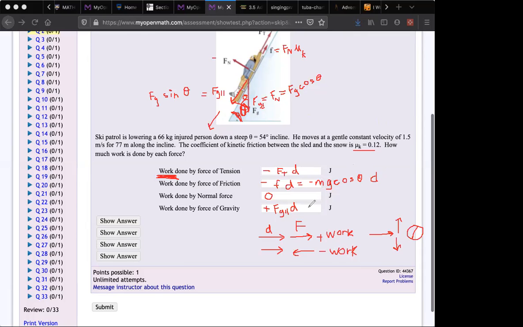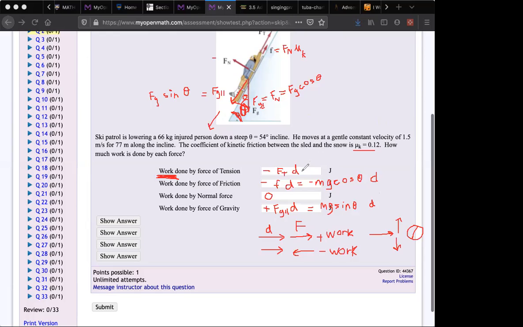And then this one ends up being positive m times g times sine theta times d.